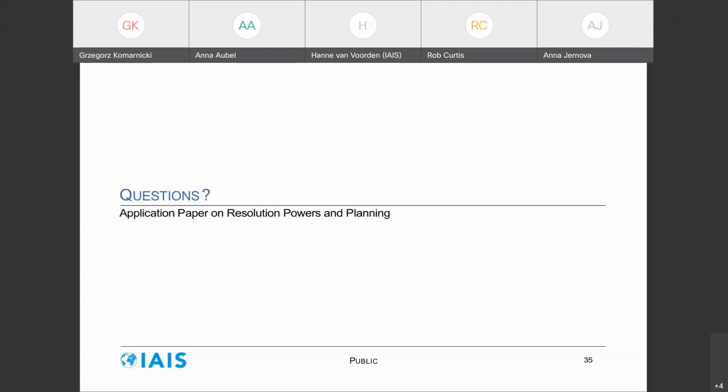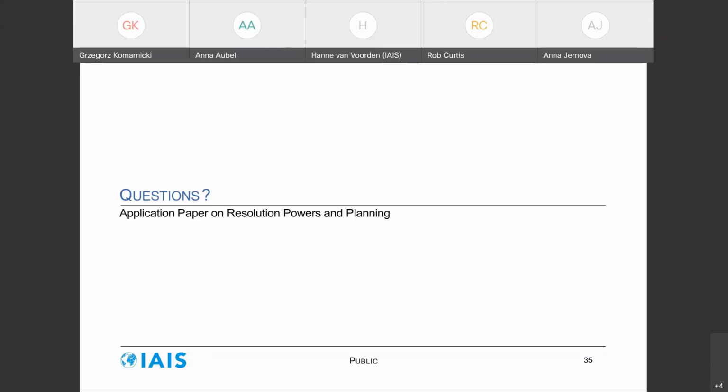It's a good question, Mark, and I would say that it's a bit unique in that resolution is the one space in insurance supervision where the FSB has taken an active role in developing supervisory material. And the FSB's work has been focused on and dedicated to the former GSII space.